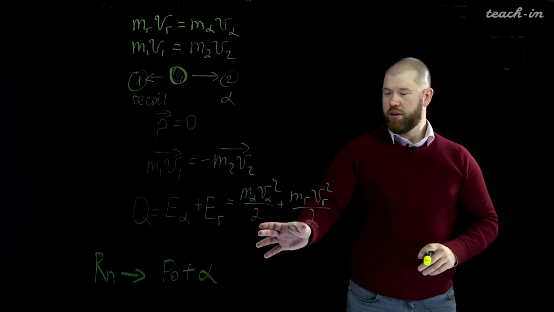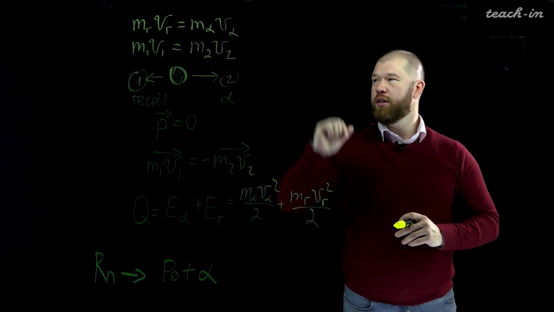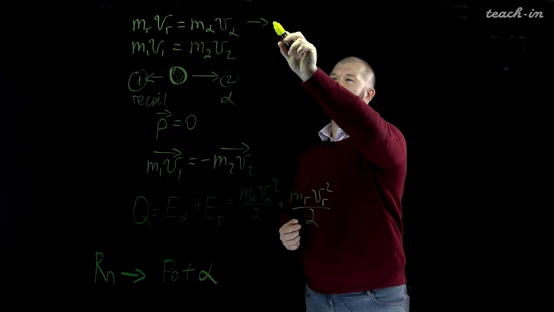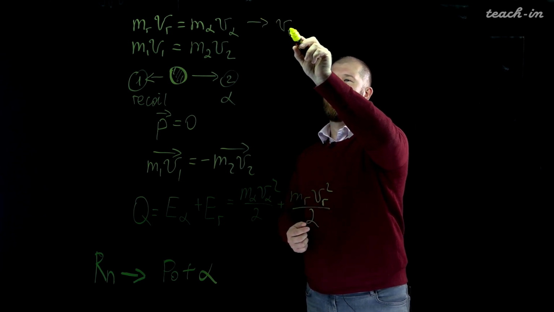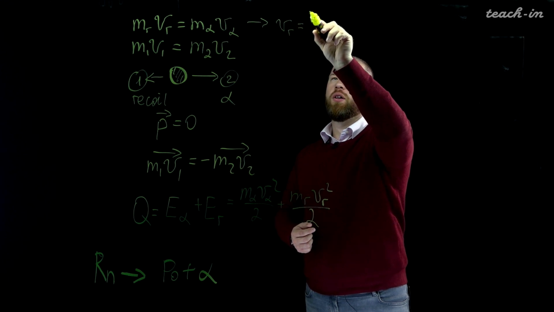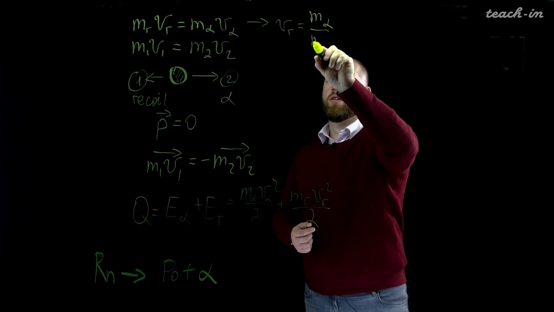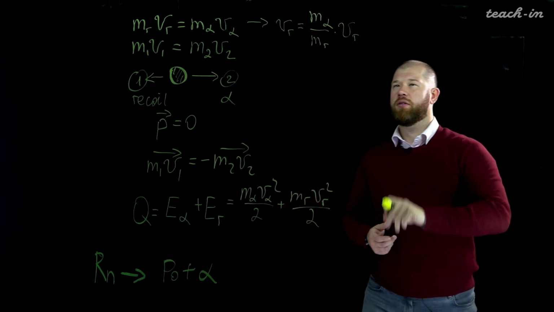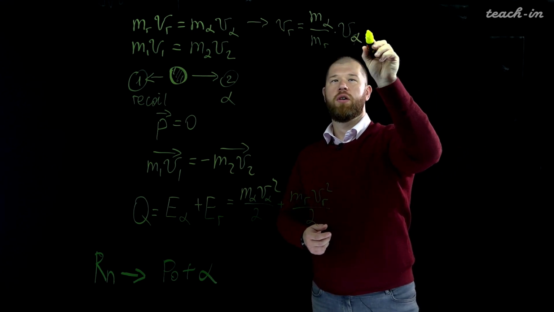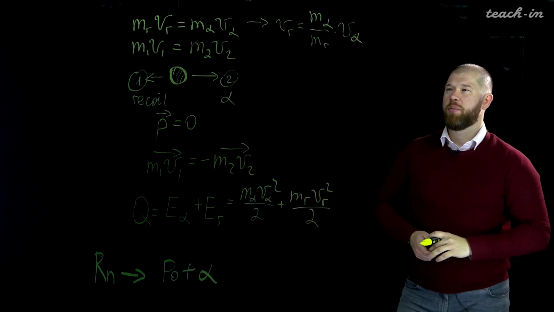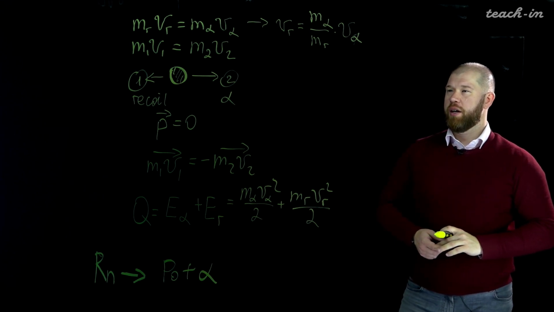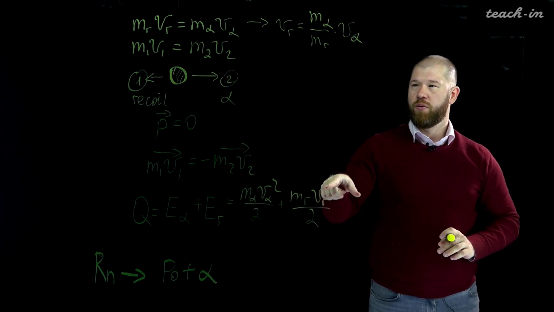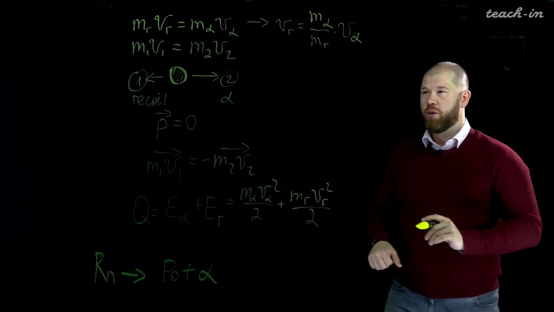So we know this ratio. From this, we can take, for example, the velocity of the recoil nucleus. It will be a ratio between the masses of the recoil nucleus and the alpha particle, multiplied by the velocity of the alpha particle. And we can take this expression and put it into this equation. So what will we get?